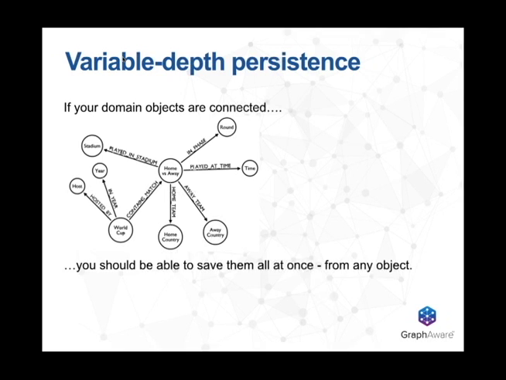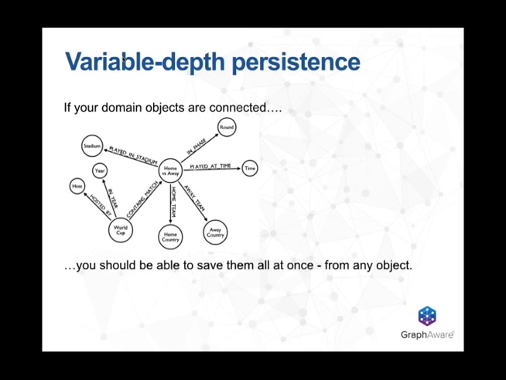And then you can obviously change that. You can have a search depth of 2 or 3 or 4, depending. For lists, of course, you probably don't want to do that. If you're just interested in getting a list of customers, you'd probably want to set your search depth to 0 for that. But the whole idea of variable depth persistence is that it allows you to choose according to how you need your application to operate at a particular point in time.